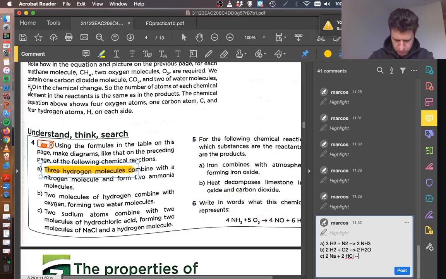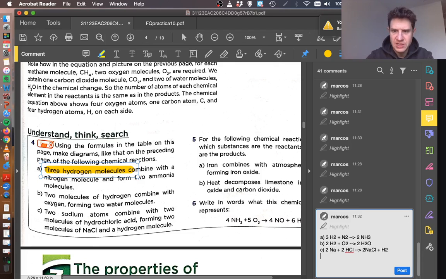And as a result, we have 2 molecules of salt, sodium chloride, and 1 molecule of hydrogen. Yes, that's it. Very good.